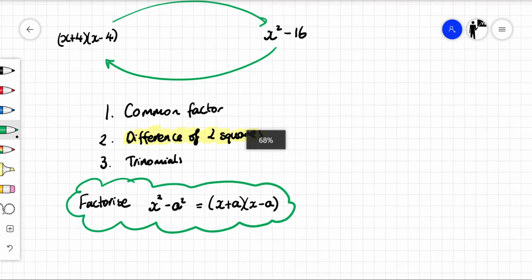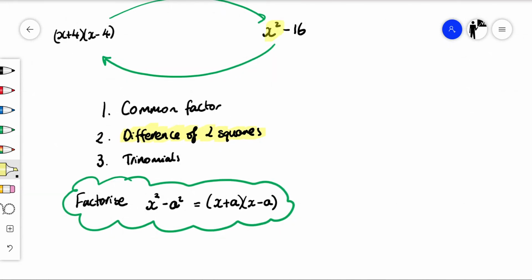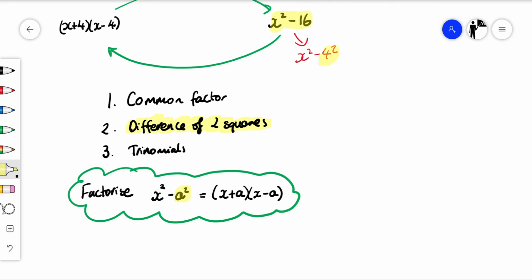Because if we apply this to this example here, I've got something squared take away 16. Well, I know that 16 is the same as 4 squared, and then my brackets became x plus 4, x minus 4.